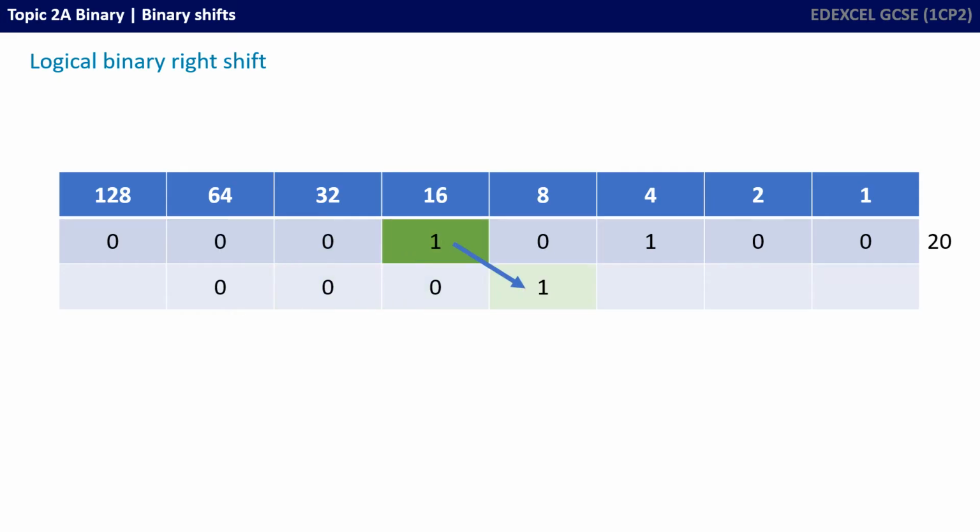And so on and so forth. The final 0 in the 1 column disappears off the right-hand side. And we pad the leading space under the 128 column with a 0.